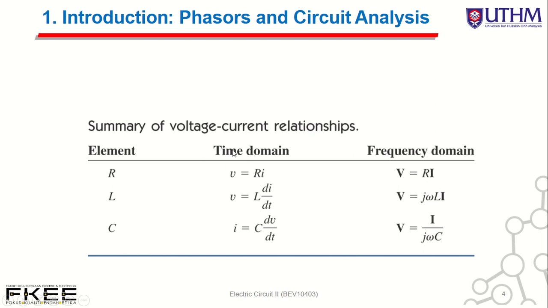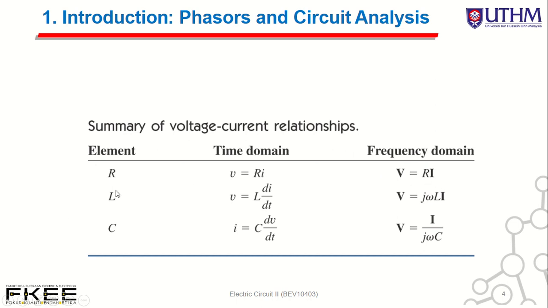In time domain, our v is small v, equal to R times i, also small i, the current. But in frequency domain, how do we write the voltage across the resistor? We need to write V in capital and I in capital. V equals R times I.